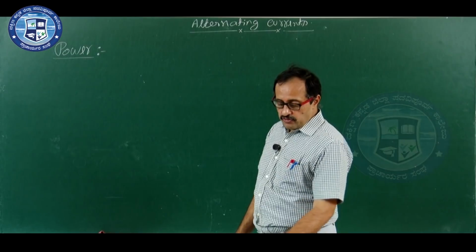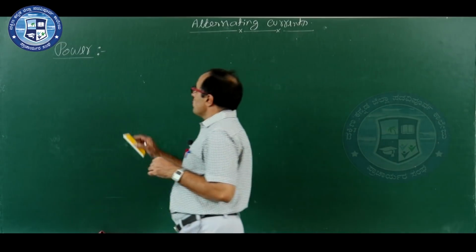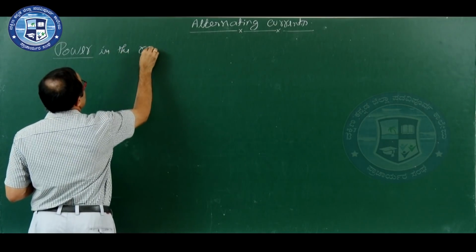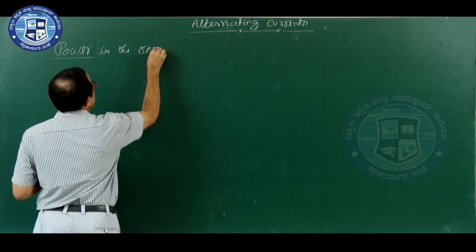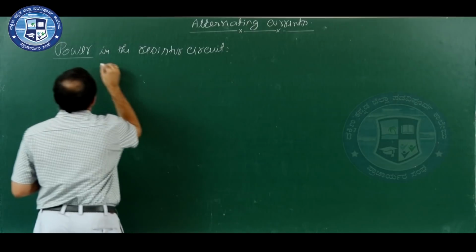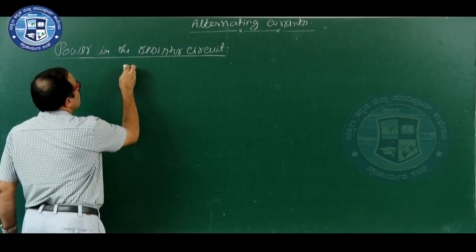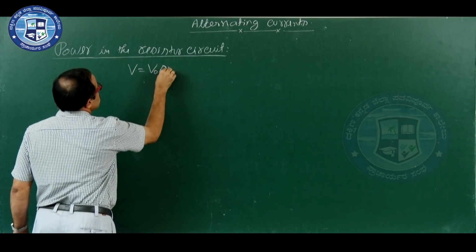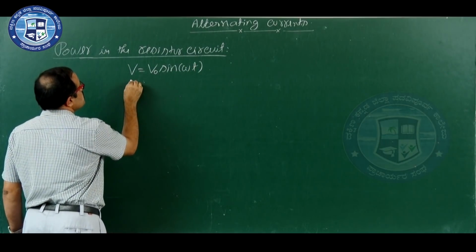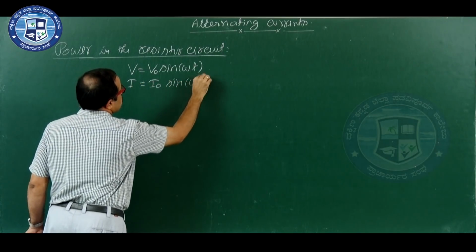So, power in the resistor circuit. How to calculate power consumption in the resistor circuit? In the case of resistor circuit, we know voltage is given by the formula V naught sin omega t, and current is given by the formula I naught sin omega t.